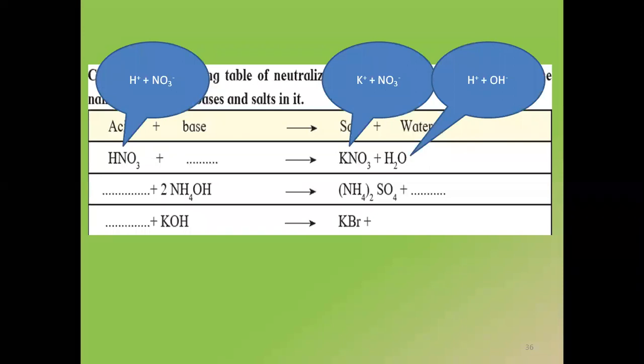Now, according to law of conservation of matter, we know that जो left hand side में होगा वो right hand side में तो definitely होगा. So left hand side में I already have H plus and NO3 minus. In the right hand side, cancel the H plus and NO3 minus. Because that has already come, no?